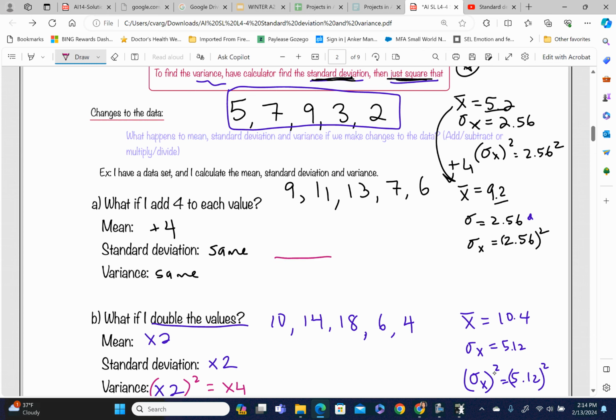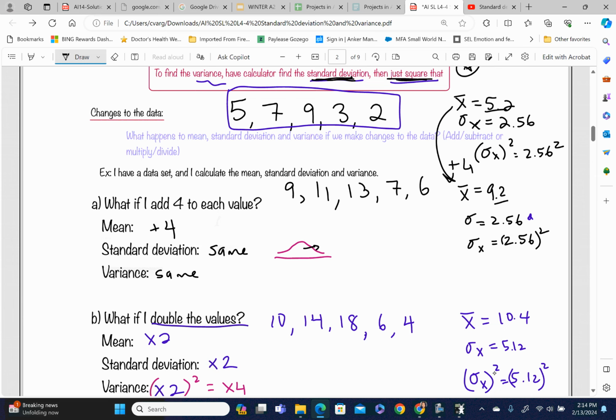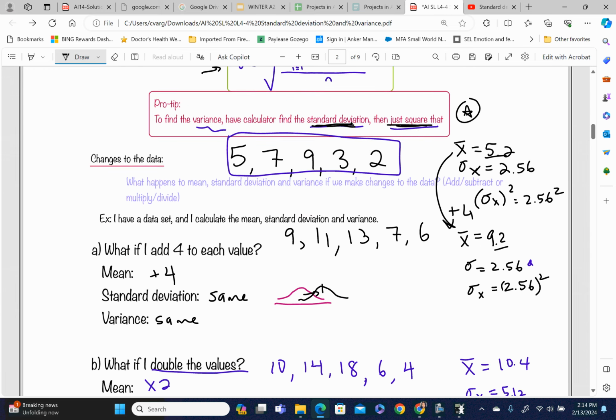But what I want to show you is a visual, right? So if I have the original data set, the 5, 7, 9, 3, 2, that's going to give us something that looks like this. It's going to give our normal curve. And then if I add 4 to the values, what's happening is it's getting shifted over 4. So we can see that the mean is going to move over by 4, right? You'll see that?